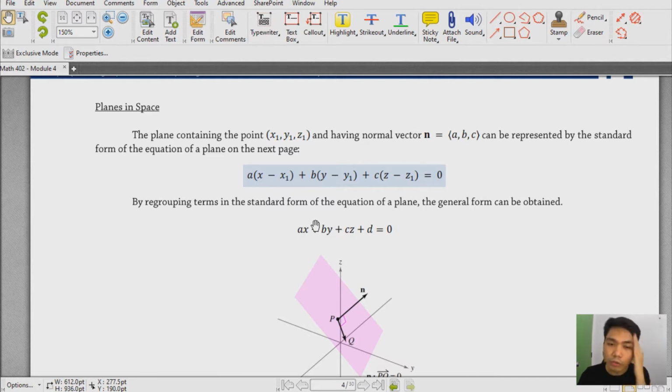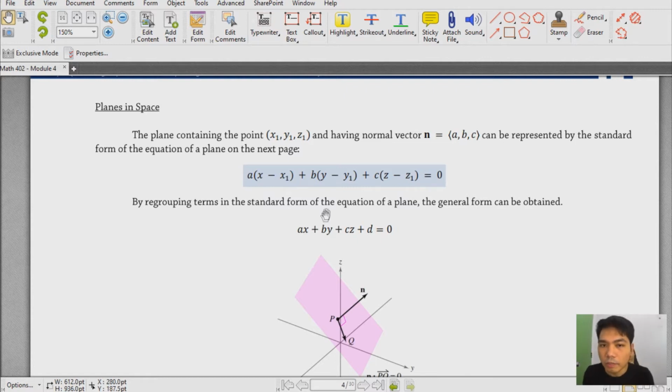This is one of the basic equations that we have in XYZ plane. Naalala nyo yung lines sa XY plane, since wala naman tayong general lines sa XYZ plane kasi 3D siya, ito na yung pinaka-base natin, mga planes in space.